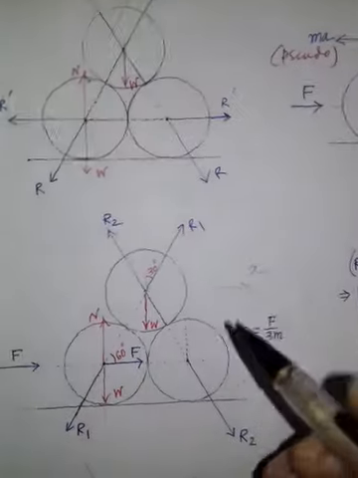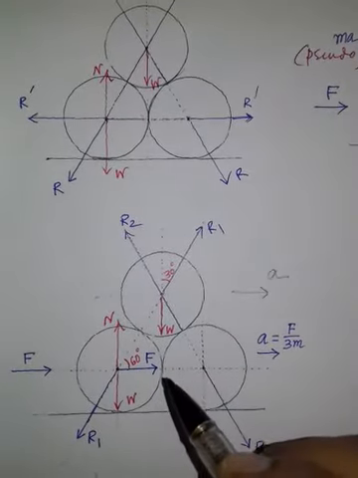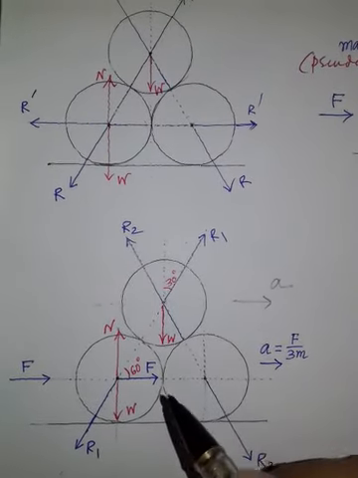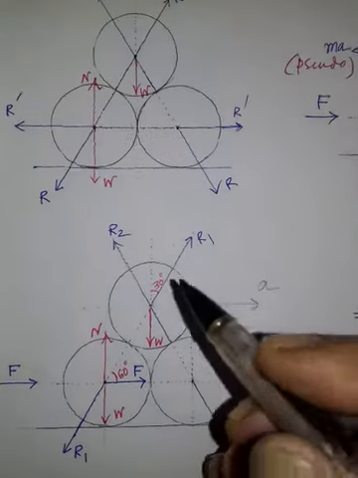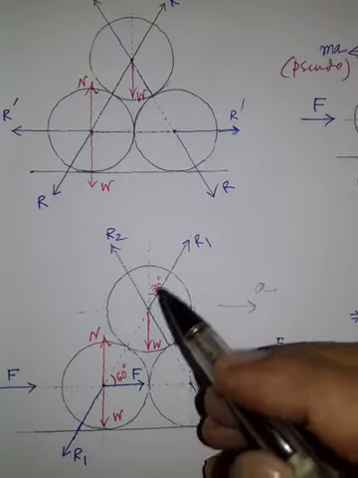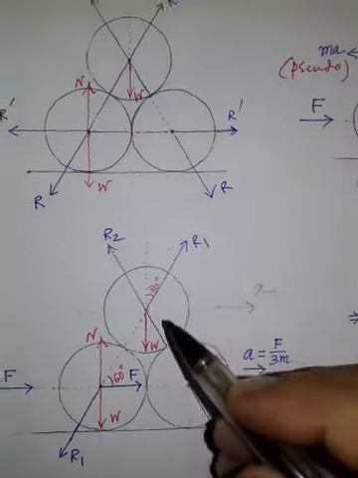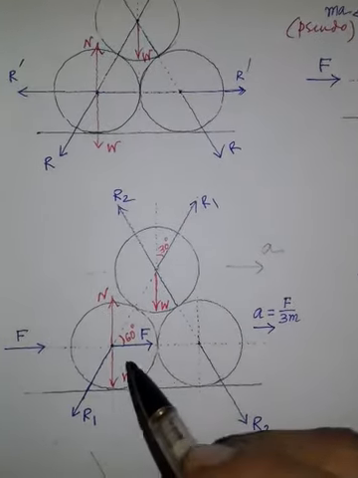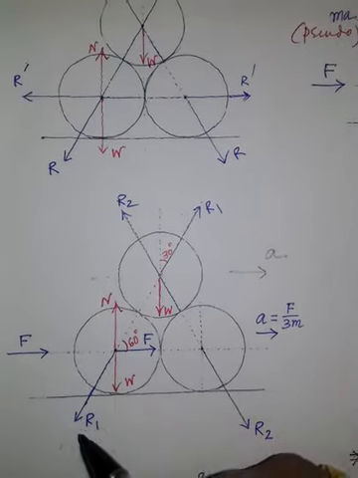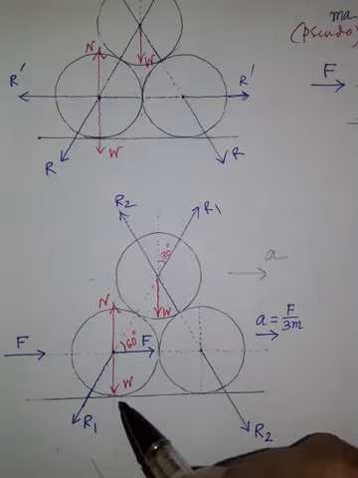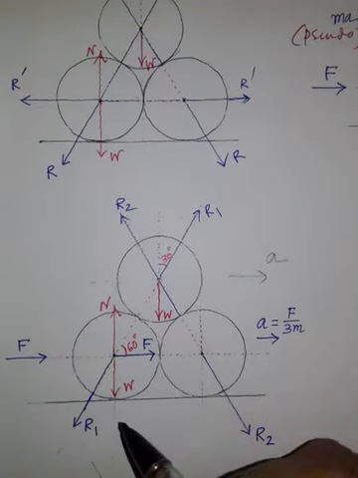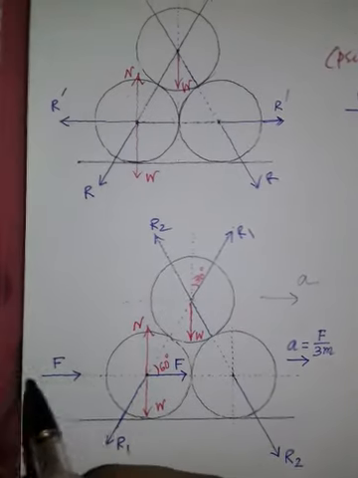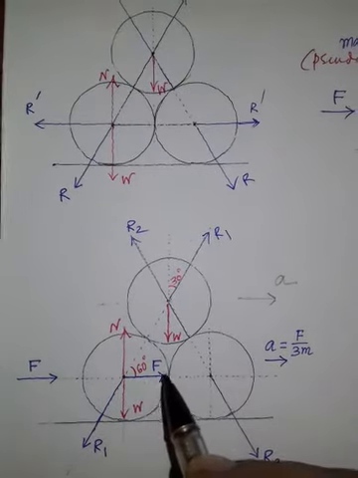Now we will consider the moment when these two cylinders are on the verge of detachment. At that moment, the forces on the upper cylinder would be R1, R2 and its own weight, and the forces on these lower cylinders would be R1, its own weight which acts downward, the normal reaction force N by the floor, and the force F which acts rightward.